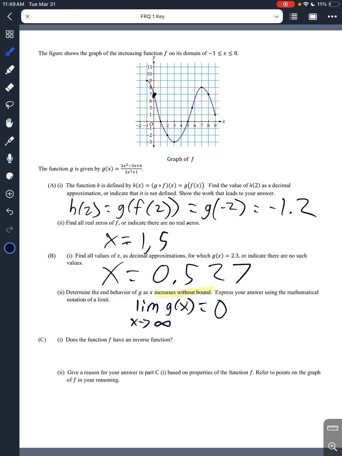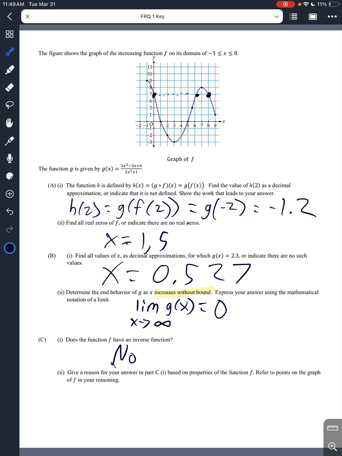This has to be the only spot on the graph that I have 7 as an output. But if I look straight over, there are clearly 2 other points on this graph with the same y, different x's and the same y. So in this case, no. Does the function have an inverse function? It doesn't. You can write more, but if you just say no, that is enough.